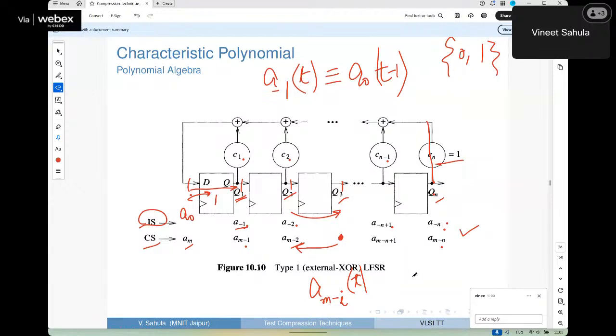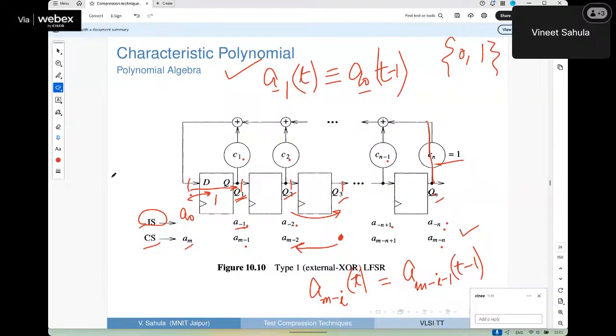So AM minus I minus 1 is the register delayed, one coefficient delayed. Like this, right? So I take this for simplicity. A1 is the delayed version of A0.